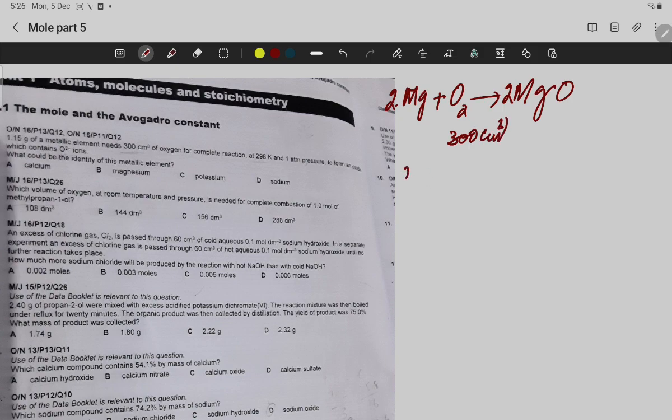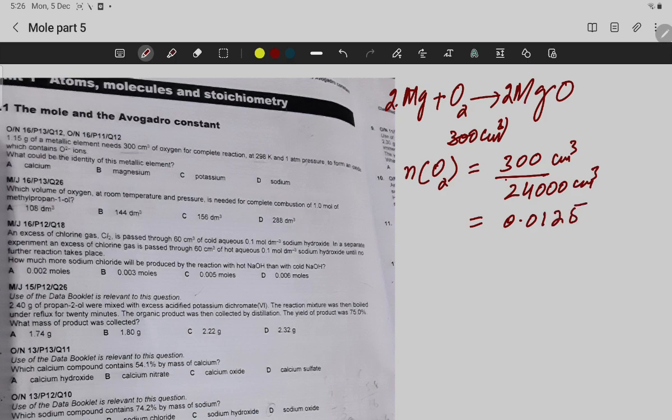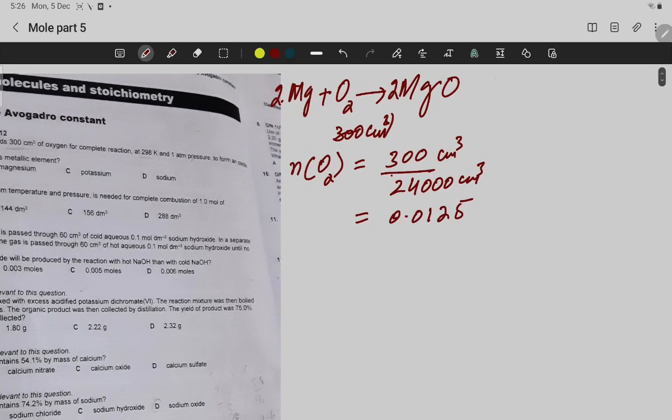So first calculate the mole of oxygen, which is equal to 300 divided by 24,000. This is cm cube. So the answer is 0.0125.